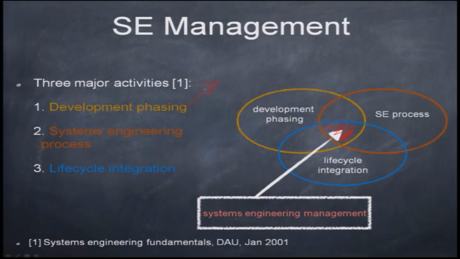The development phasing to a large extent is the first phase of systems engineering, and this is where we specifically freeze the objectives of the system. What happens here is we derive the major objectives, the things that the system needs to achieve.